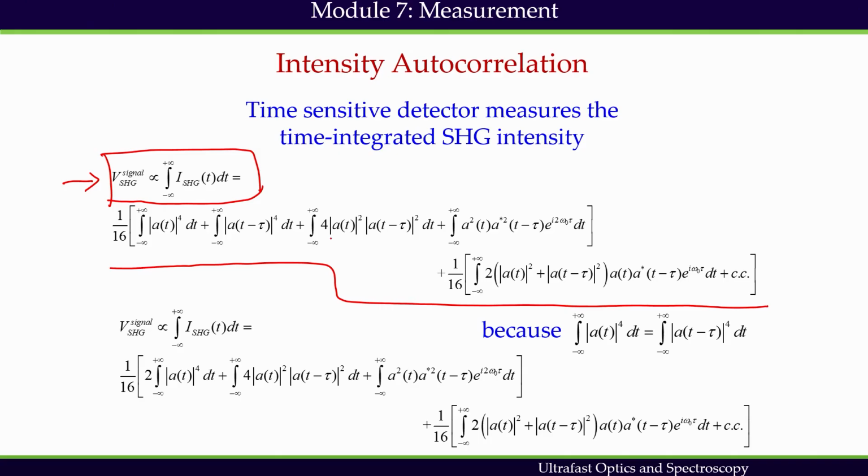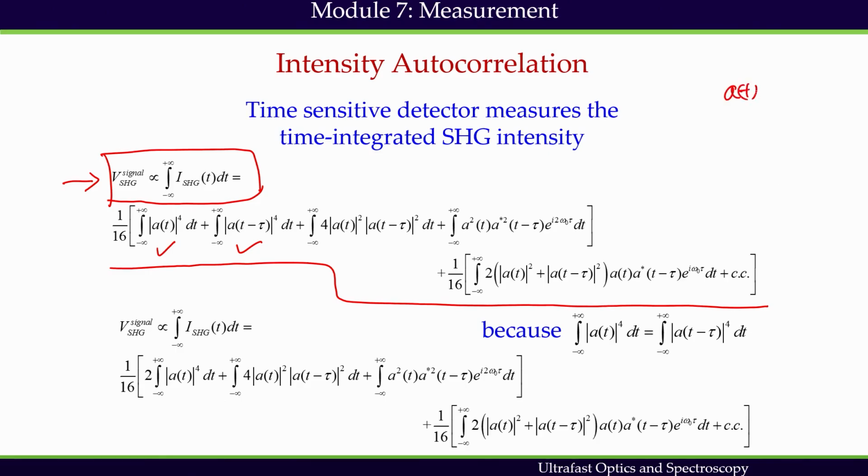Now, if we look at these first two terms, what does it mean? It means that they are the intensity of the SHG beam created by individual pulses.